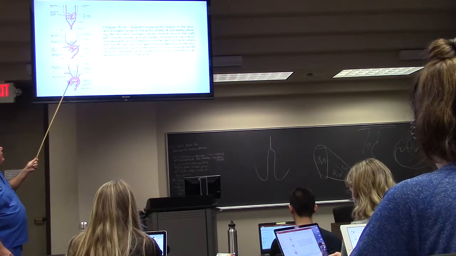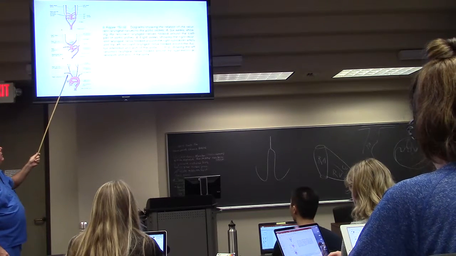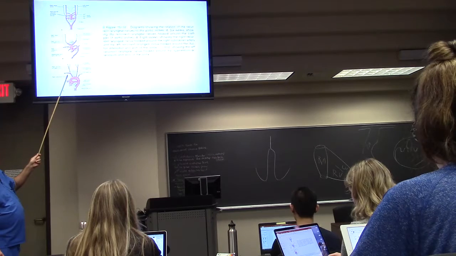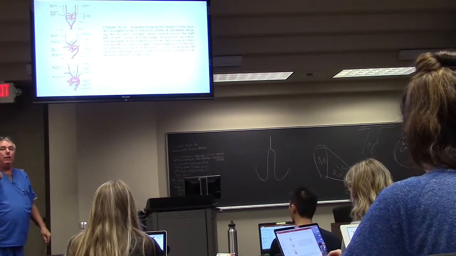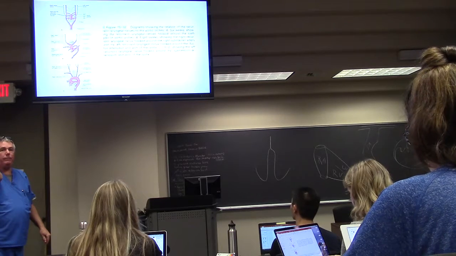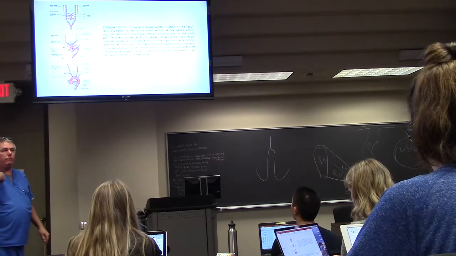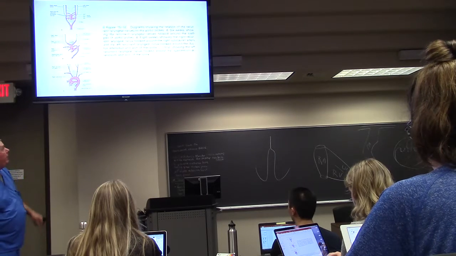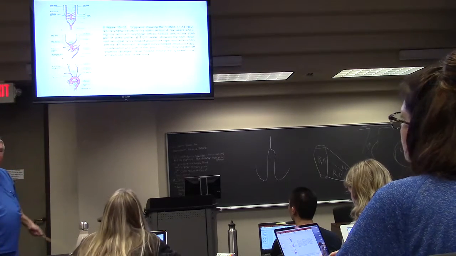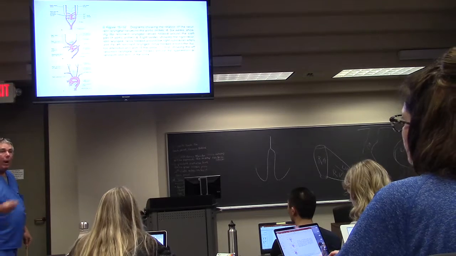On the right side, it stayed there, and that's why the right recurrent laryngeal nerve is associated with the subclavian artery, way up high. You don't need to know these arches and things, I just wanted to show you why it's that way.